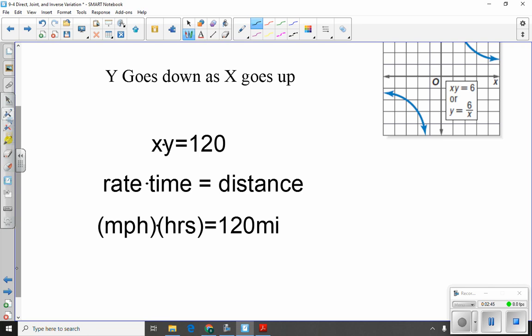Well, if I'm traveling at 60 miles per hour, then I can find how many hours it's going to take to go 120 miles. So looking at this, I can solve. My k is the distance because that's not changing, but 60, I can divide both sides by 60, and that leaves me with how many hours, which would equal 2 hours.